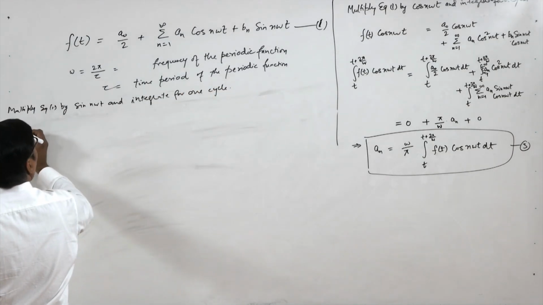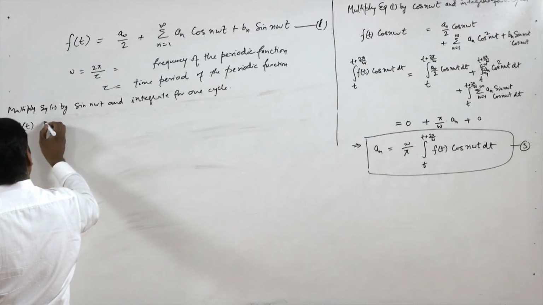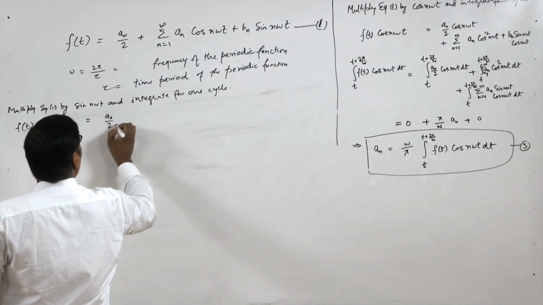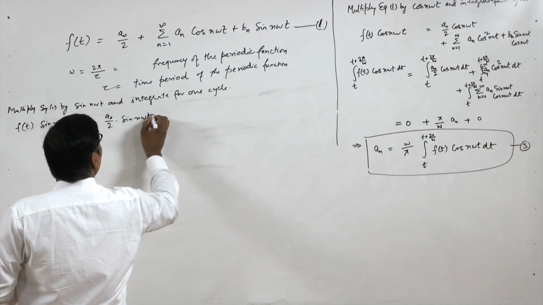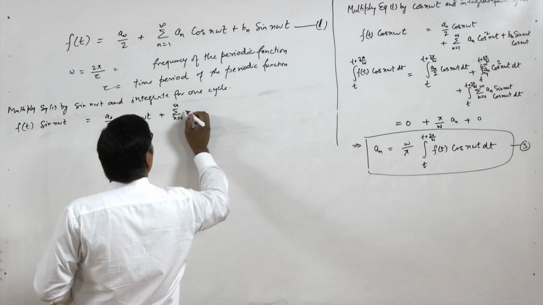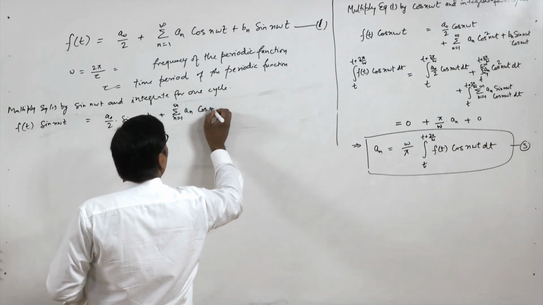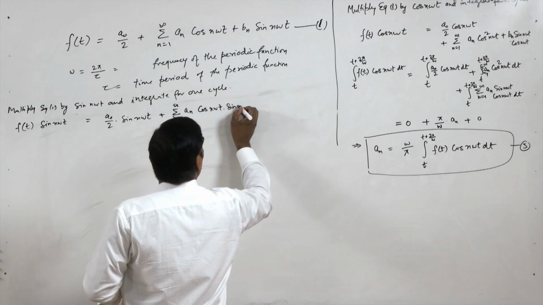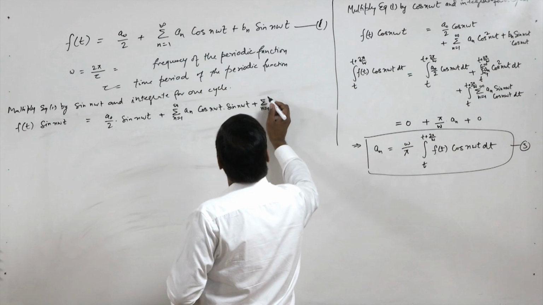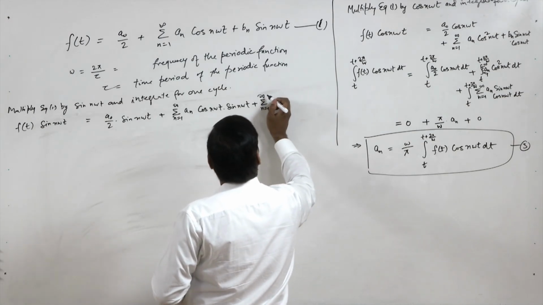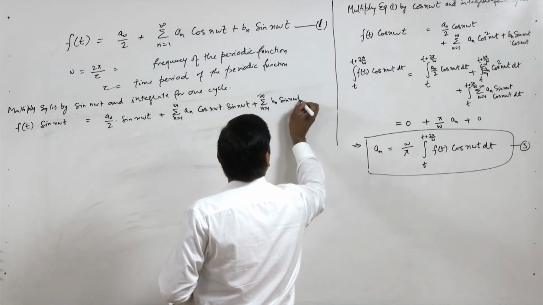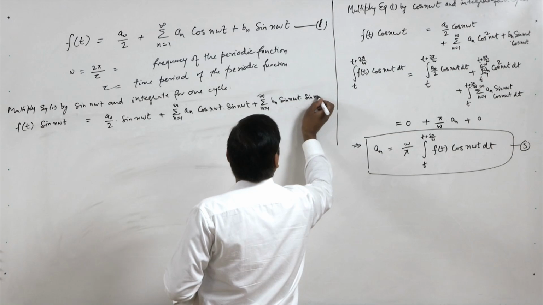So, if we multiply, we will get f(t) sin n omega t equal to a0 by 2 into sin n omega t plus sigma n equal to 1 to infinite an cos n omega t into sin n omega t plus sigma n equal to 1 to infinite bn sin n omega t into sin n omega t, or sin square n omega t.